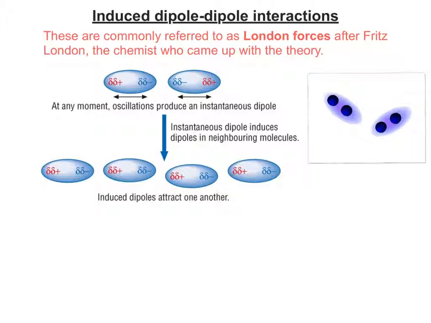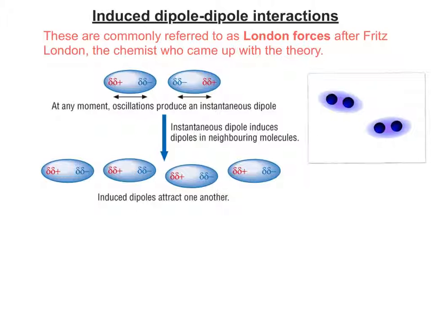So in other words, at any given time, the electrons tend to drift around the atom. They don't just stay in their shells, they stay in their orbitals, but they tend to drift around a bit, and the bigger the atom, the more electrons there are present, so the greater the London forces that you can get.